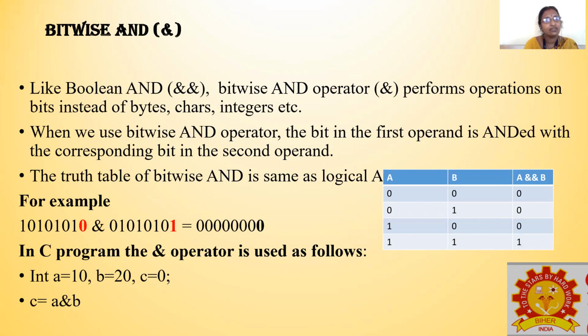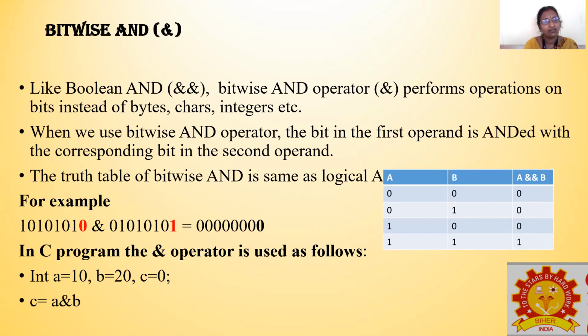For example, consider two numbers. Now A equal to 10101010 and bitwise AND with 01010101. Take the corresponding bits of both numbers.